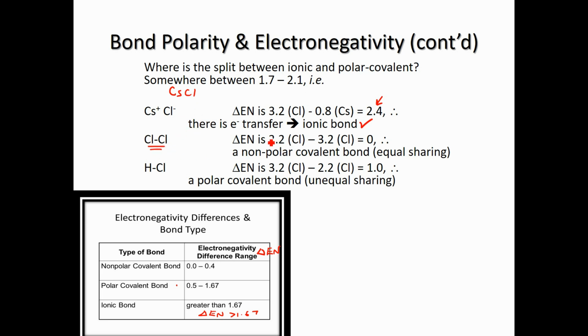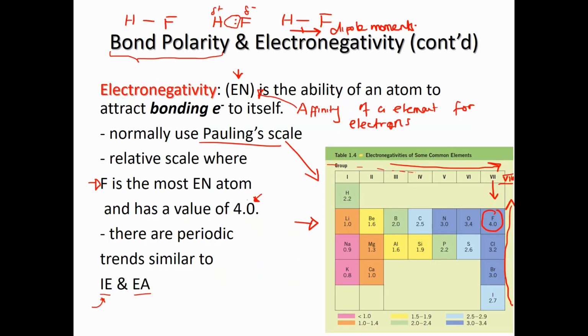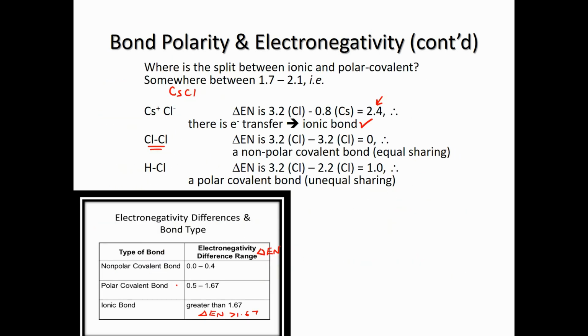For chlorine and chlorine, the Pauling scale value given on the table is 3.2, right? So if you want to determine the polarity of this bond, whether it's polar covalent, non-polar covalent, or ionic, just subtract, you get 0. That happens to be a non-polar covalent bond according to our range in this table. For hydrogen, the Pauling scale value is 2.2.